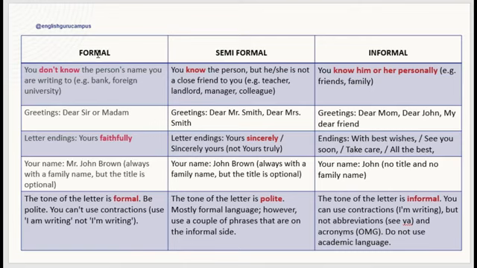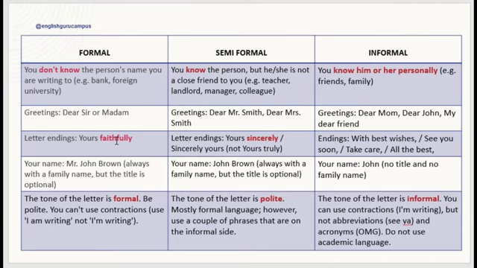When it comes to a formal letter, the situation is like this: you don't know the person's name. If you're writing to a person whose name you don't know, you can write, dear sir or madam. Your ending should be yours faithfully.